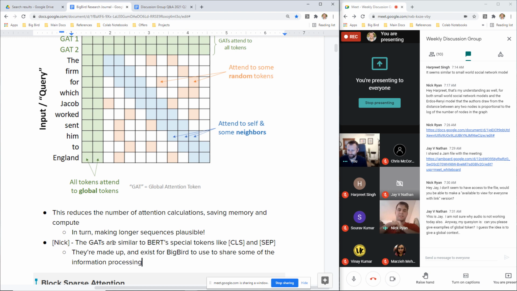I guess in BERT, CLS has the very specific function of serving as a shorthand for the whole sentence vector. And it becomes that because of the final model objective, right? They use that CLS token to do predictions. So BERT is motivated to encode that information into the CLS token. Does that help, Jay? Or is there another aspect to your question there?